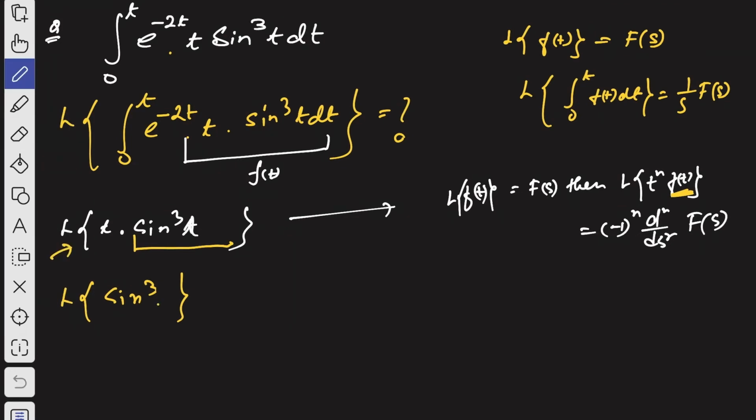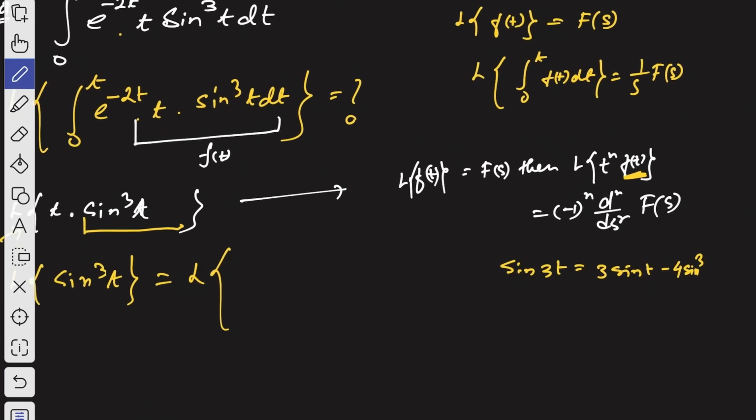Okay, so what will be the Laplace transformation of sine cube t? Here we are going to apply this: sin 3t is equal to 3 sin t minus 4 sine cube t.